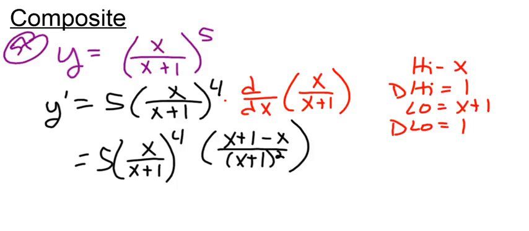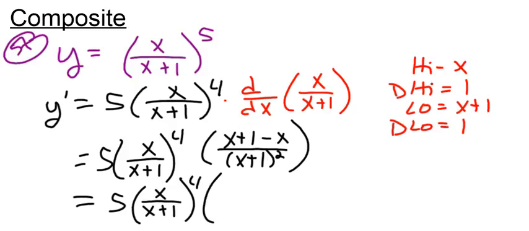And then this should all simplify still. So I'm going to keep going. My x's here reduced. I have 1 over the x plus 1 quantity squared.